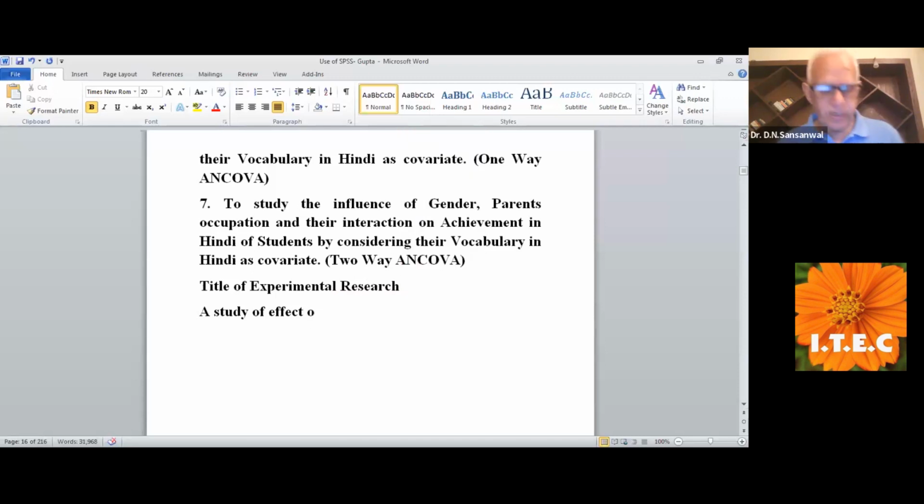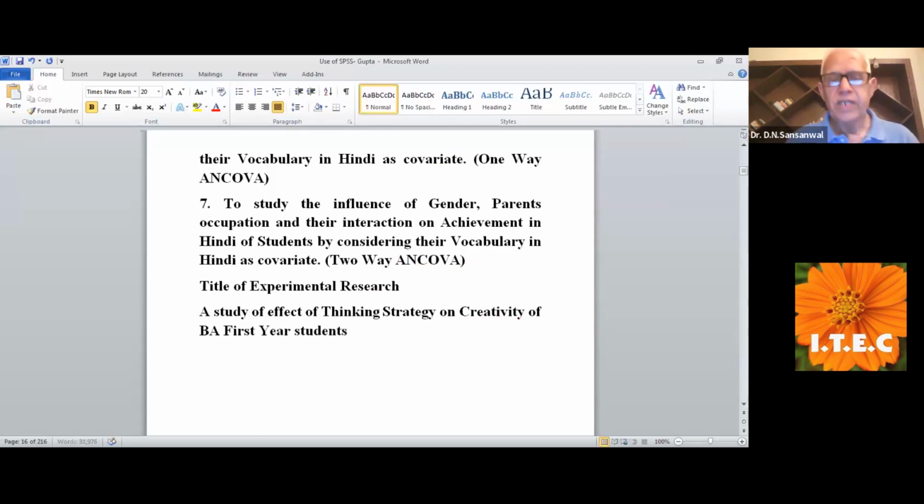A study of effect of thinking strategy on creativity of BA first year students of private college of Jabalpur.